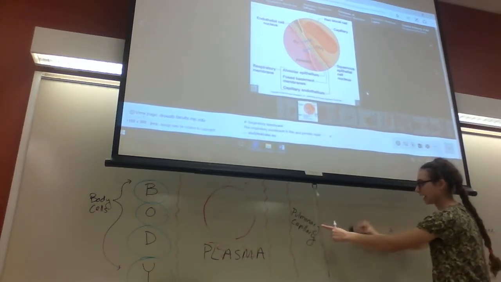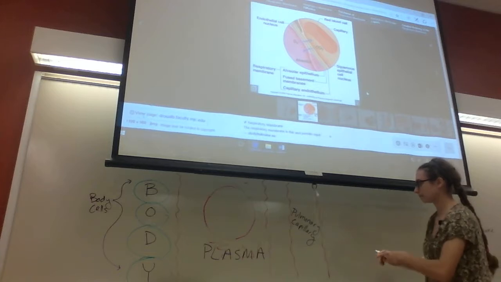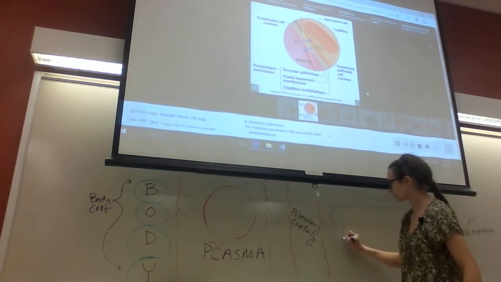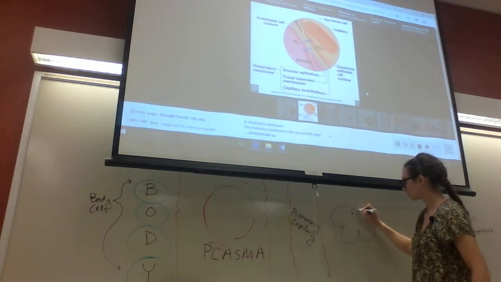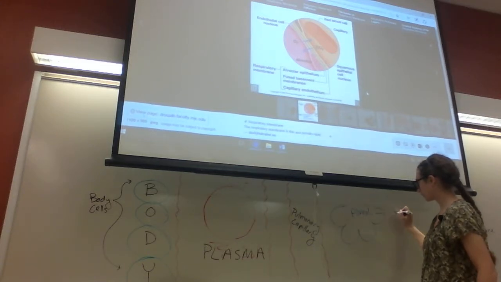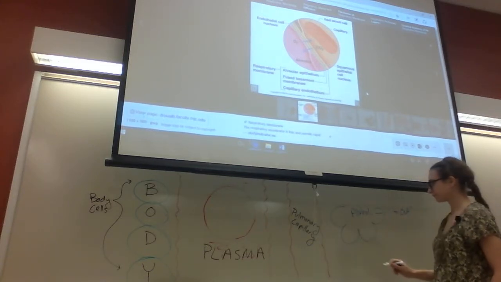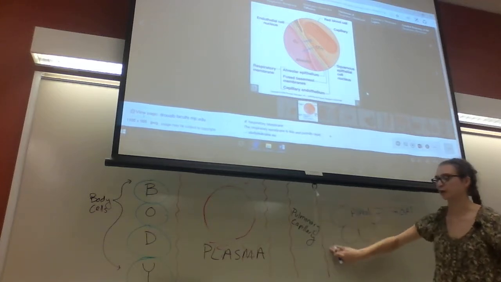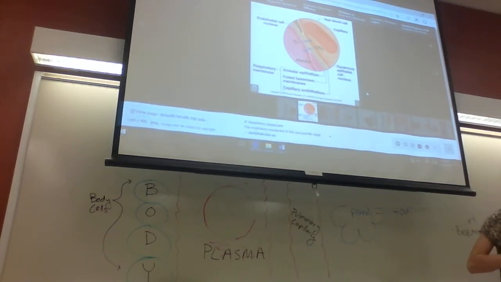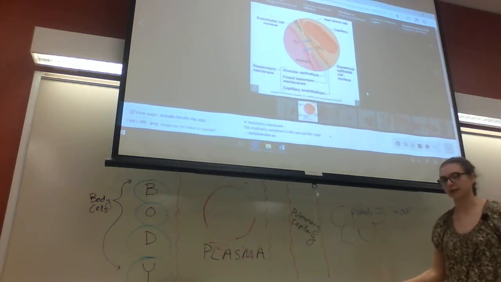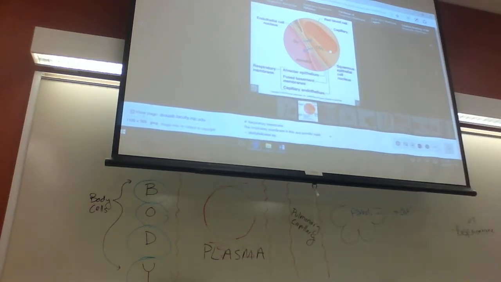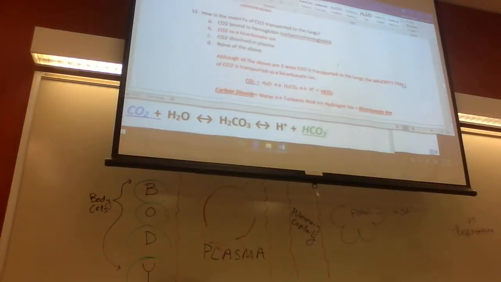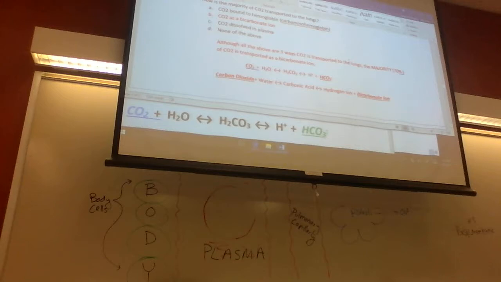So if this is your capillary, this is like your alveoli, and your basement membrane is right between. So that's what you need for your respiratory membrane. If it asks for that, it's just 3 structures. So that's fun.